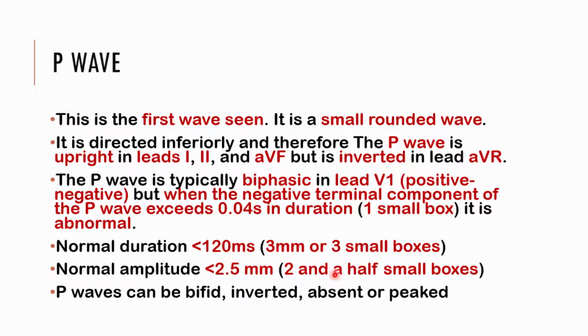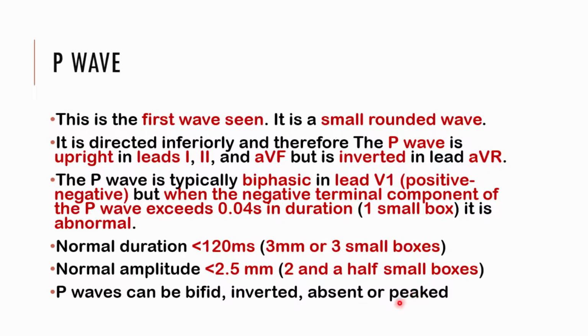So the abnormalities that we'll look at when we go into details of different abnormalities of different ECGs, they could be bifid, a type of P waves, which I suppose you see in mitral stenosis or P mitrale. You can have inverted P waves, you could have absent P waves.